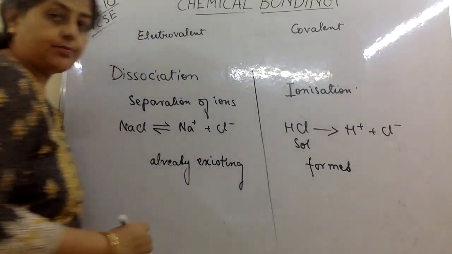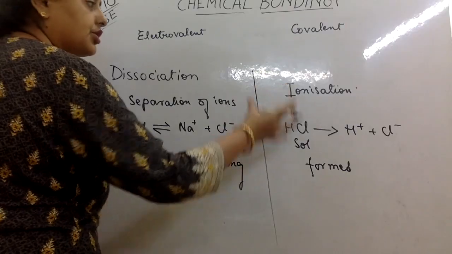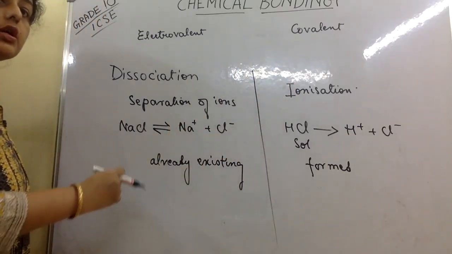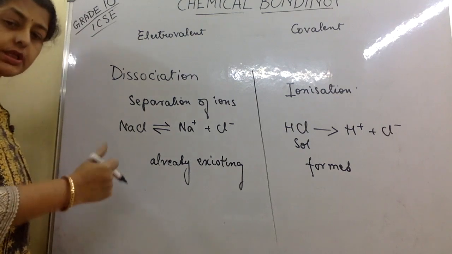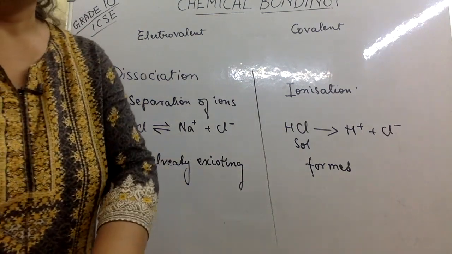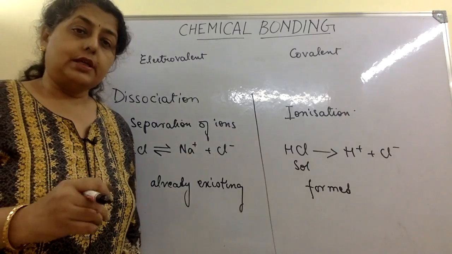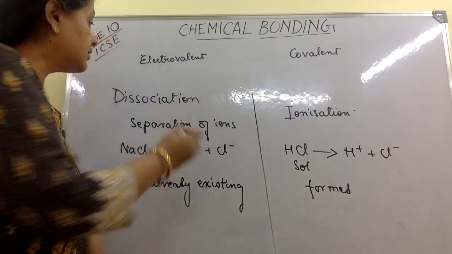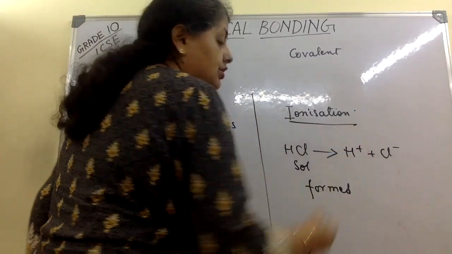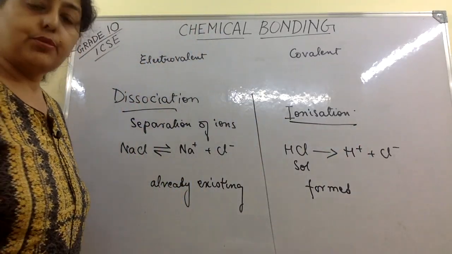That is why in covalent it is ionization, and in electrovalent we use the word dissociation. So now that you have 10 marks of MCQs, this dissociation and ionization becomes very important.